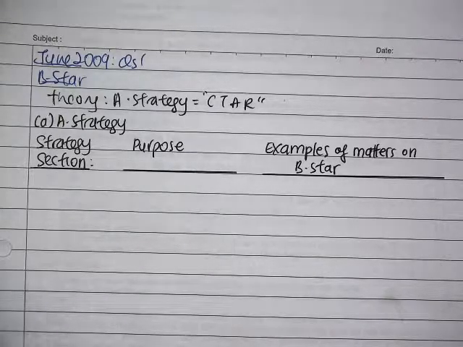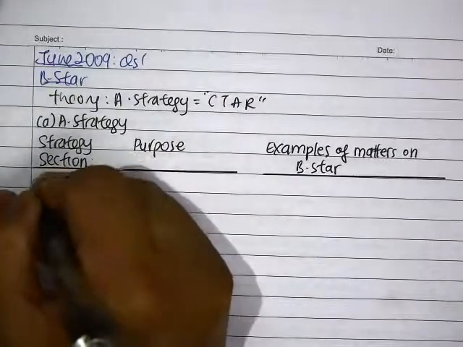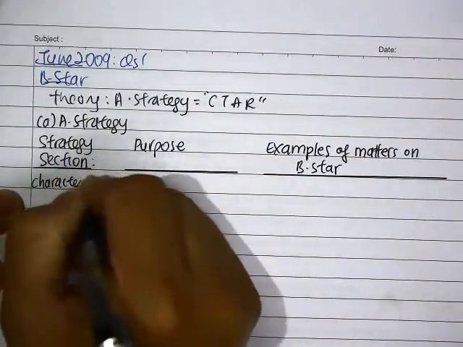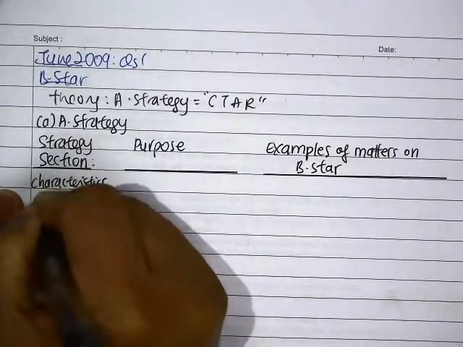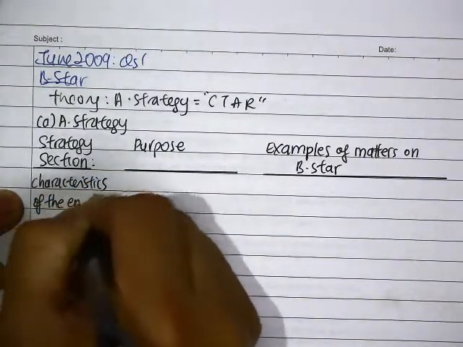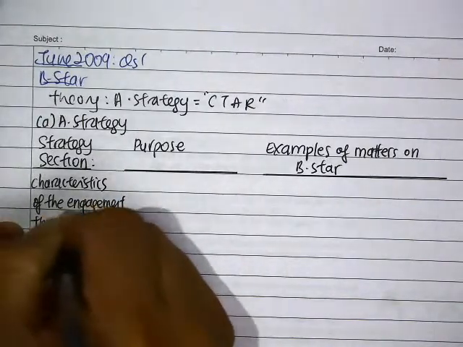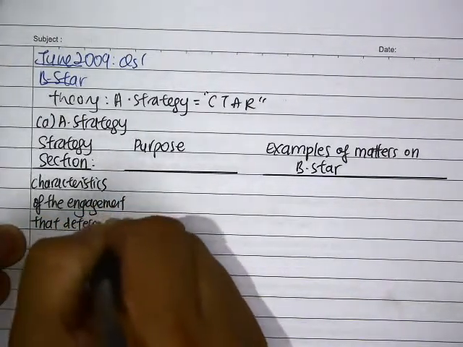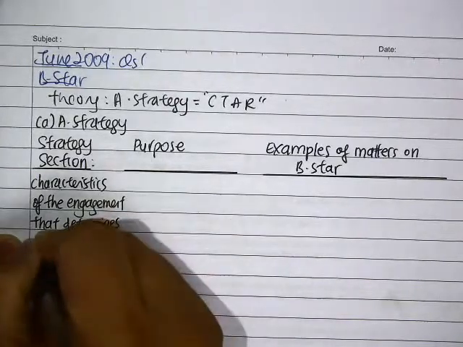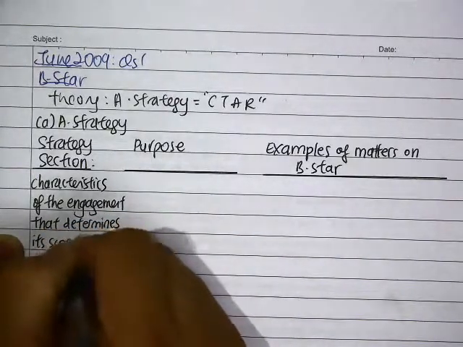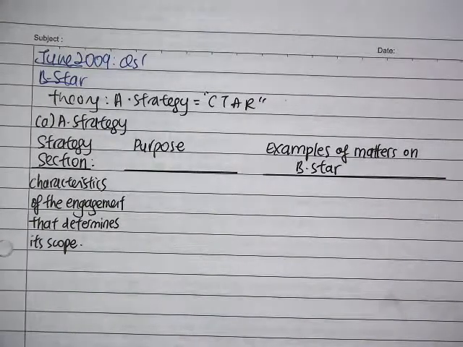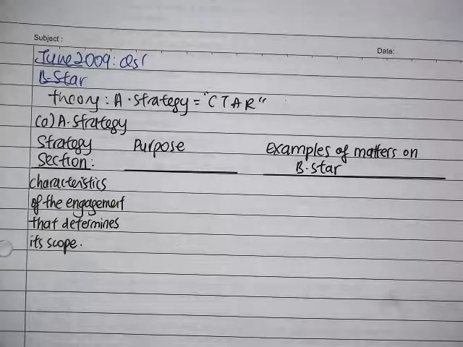So C is actually, now write properly, okay? It's the characteristics of the engagement that determine its scope. Now, what is this part all about?